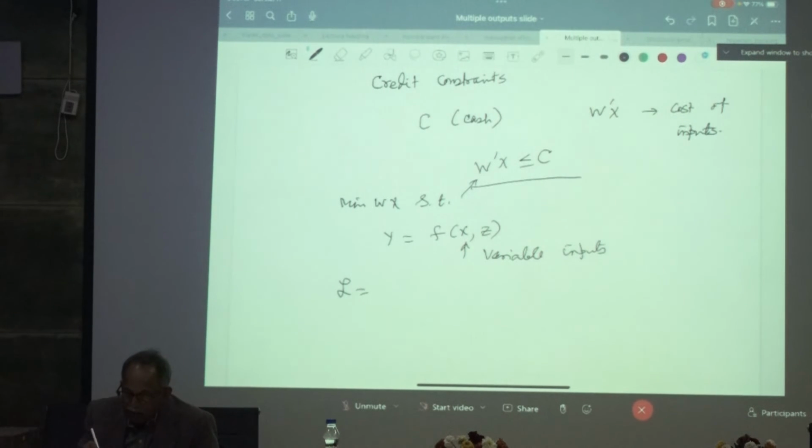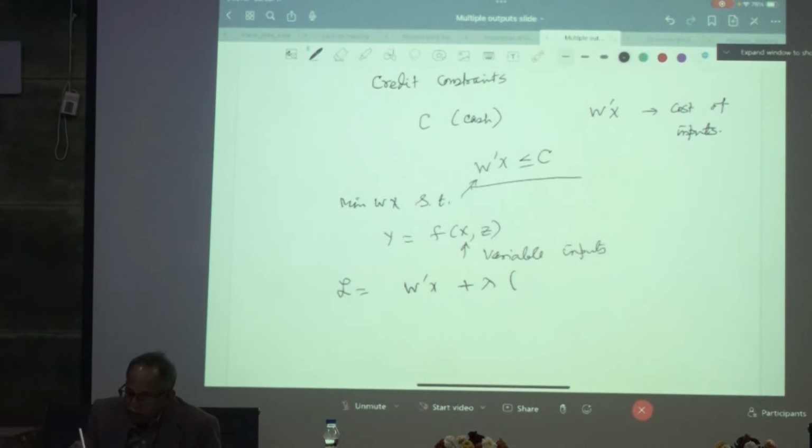So what is happening, the Lagrangian, you can write W prime x plus lambda, the Lagrange multiplier, and then you just write y minus f of x. This is the production function.